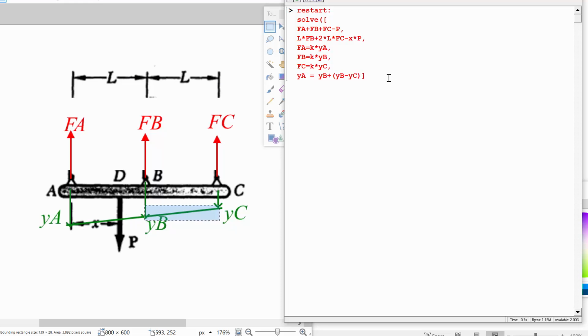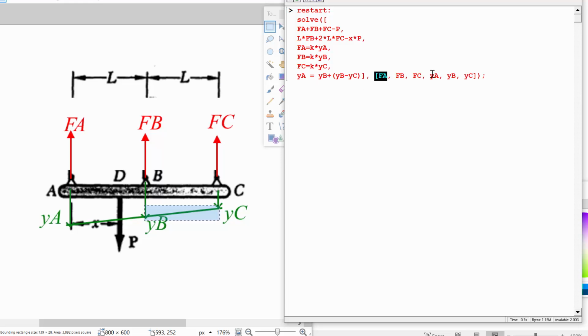Okay. Now this is not going to be able to solve because we have a whole bunch of unknowns, but really we want to know what some of them are in terms of the other ones. So let's pretend we're just looking for the forces and the displacements. This should be solvable for those 6 things. As a check, we have 6 equations.